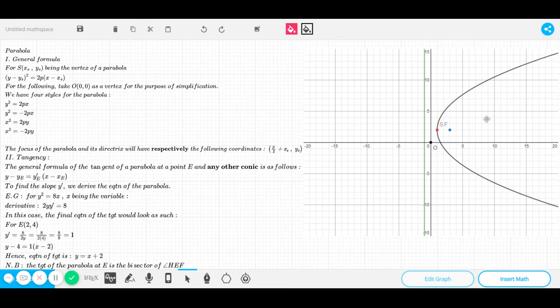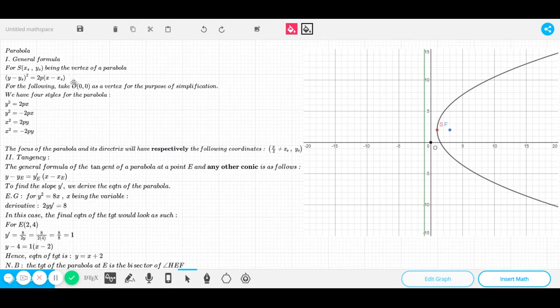Now we found out how to find the focus. Focusing on the example I had given, and focusing on the general formula, we see that after finding p over 2 and after making sure that we know which style of parabola out of these four we are dealing with, it would become pretty easy to find the focus.